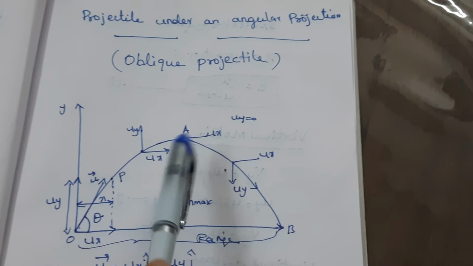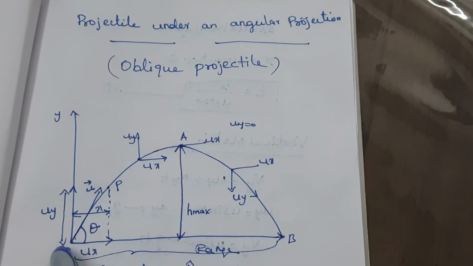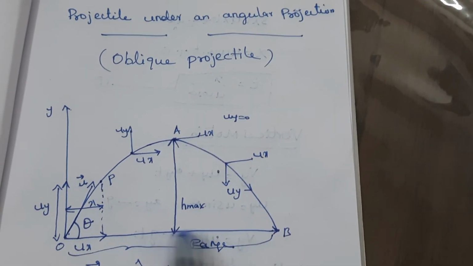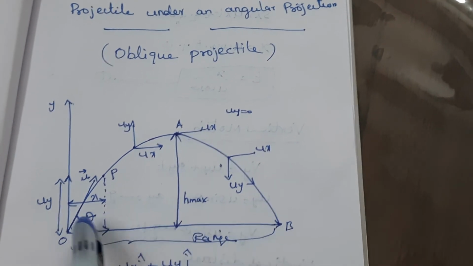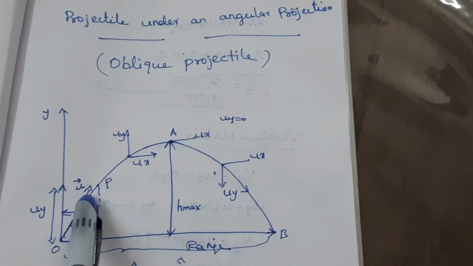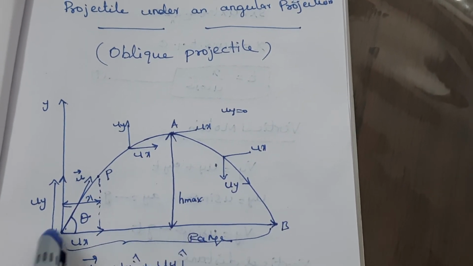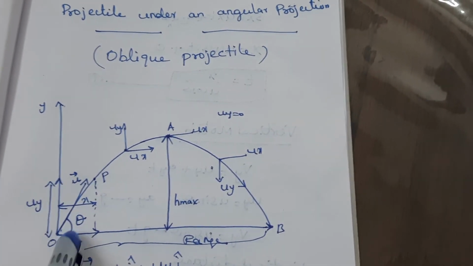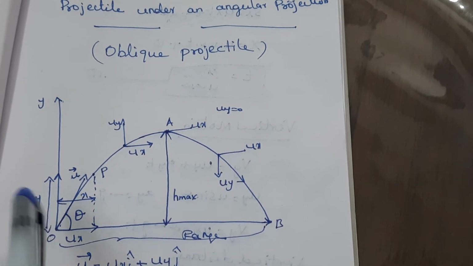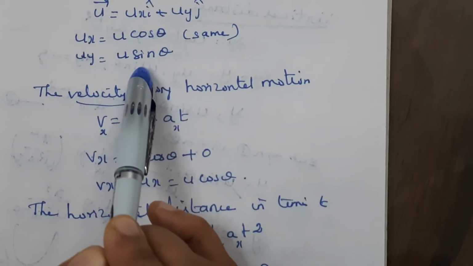Here this is the maximum height and this is the horizontal distance, that is the range. In this, the initial velocity can be resolved into two components, one along the x-axis and one along the y-axis, that is ux and uy. That can be written as ux equal to u cos theta and uy equal to u sin theta.